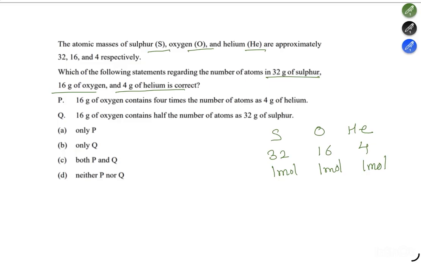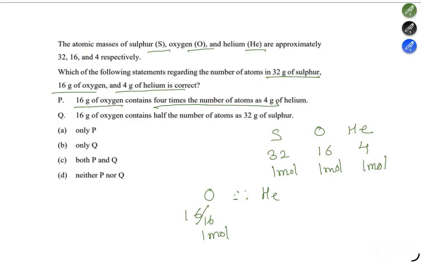Now let's compare the moles. The first statement says 16 gram of oxygen contains 4 times the number of atoms as 4 gram of helium.